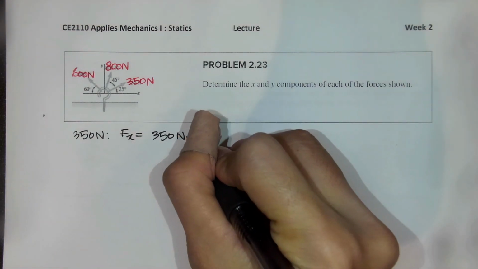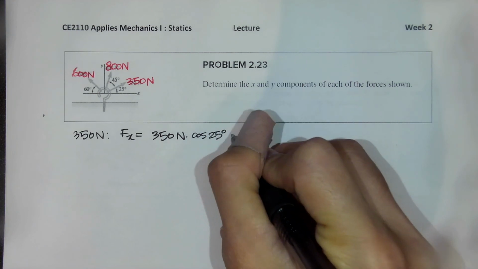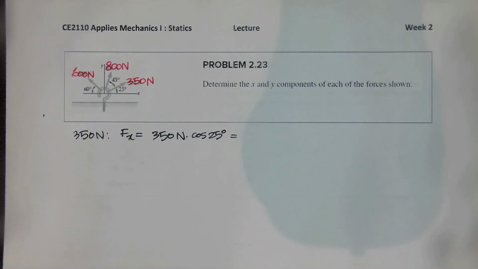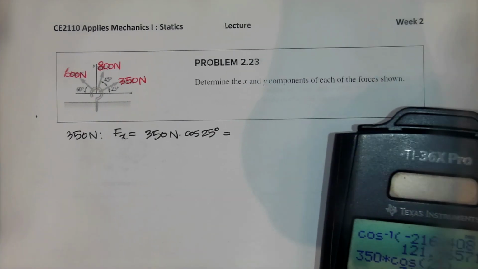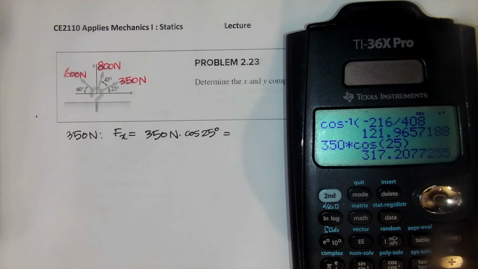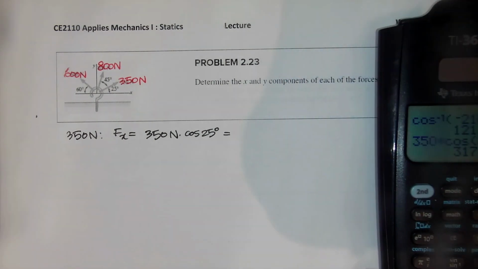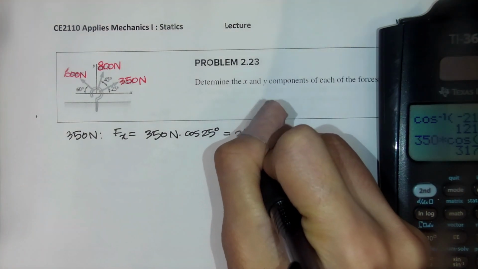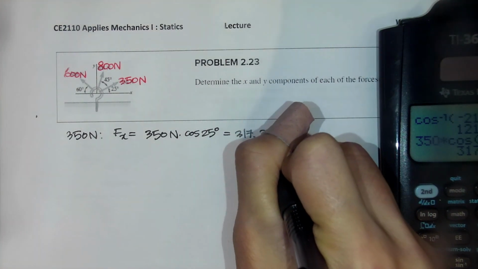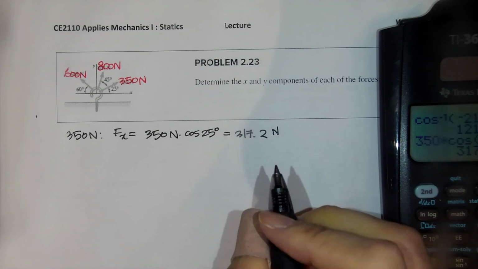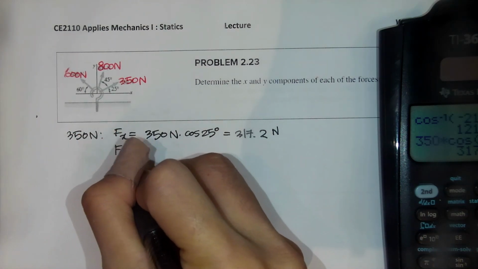Cosine, yes. Cosine 25 degrees, right? So then let's find this. So can I show you my calculator here? Right, so 317.2, right? So 317.2 Newton, right? And then you can keep going, right?